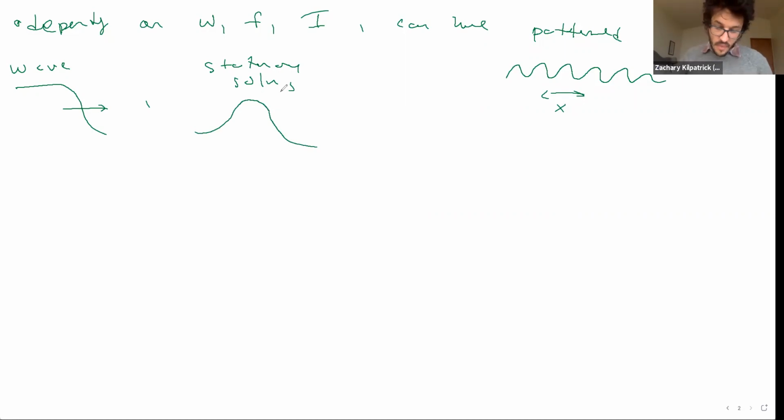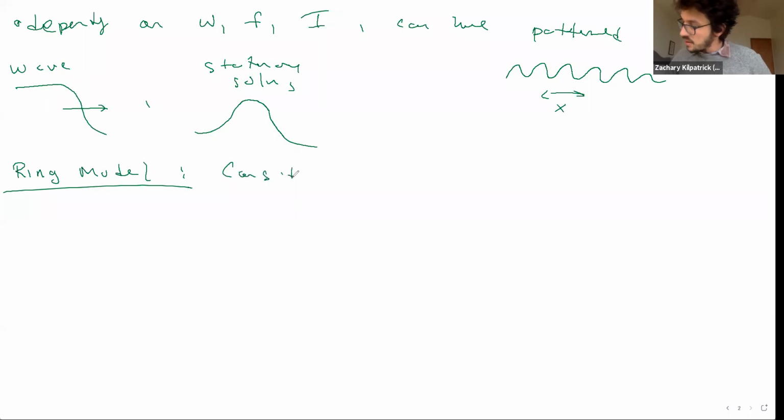Okay, and in particular today, we're going to explore a specific type of model called the ring model. Okay, and this has largely been successful for I think 30 or 40 years, describing modules in the visual system. In particular, that processes angles.